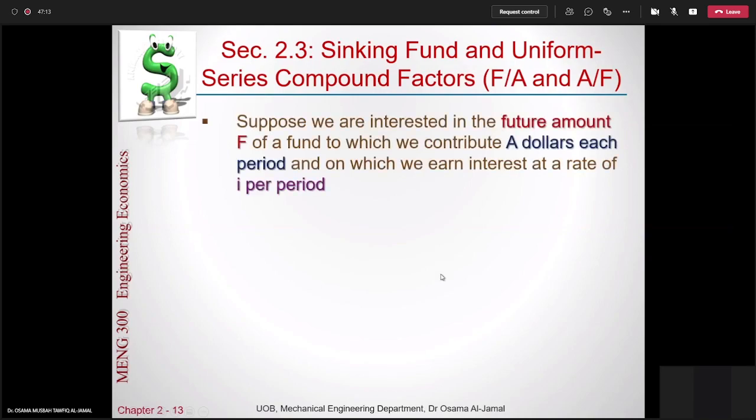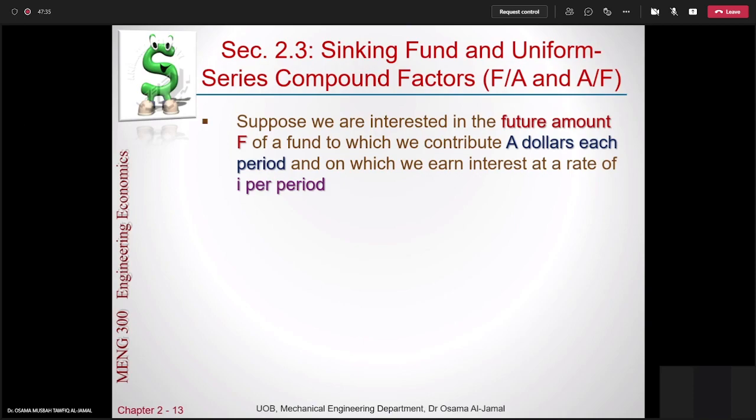Suppose we are interested in the future amount F of a fund to which we contribute an annuity, which is $A each period. You are contributing A per year.